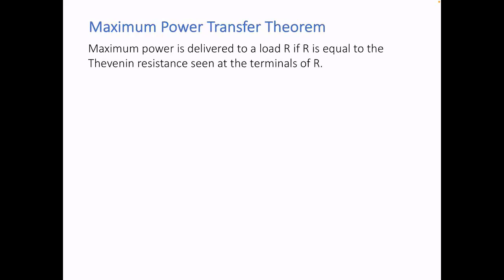Simply stated, maximum power is delivered to a load R, assuming the load is a resistor, if R is equal to the Thevenin resistance seen at the terminals of R. So if I have a network and then I have a load R connected, when is maximum power delivered to my load?